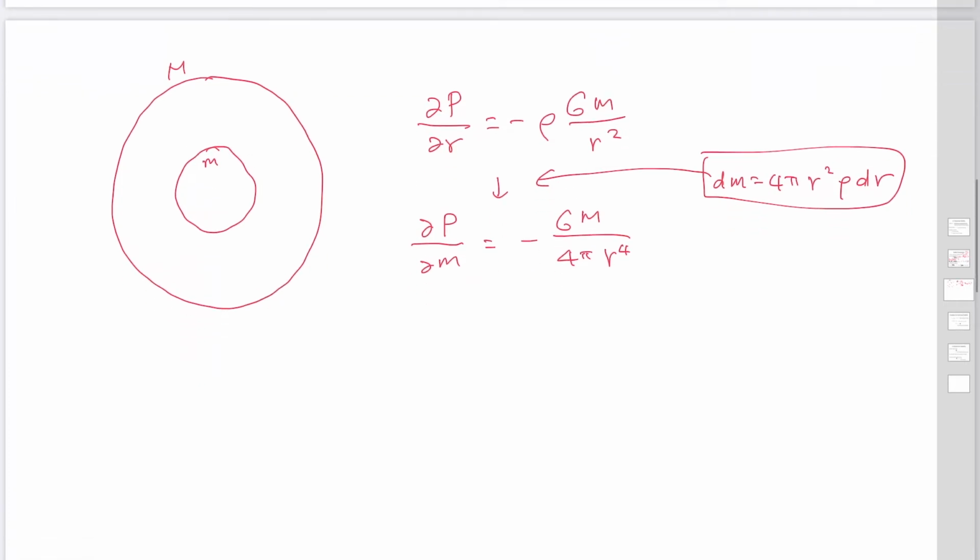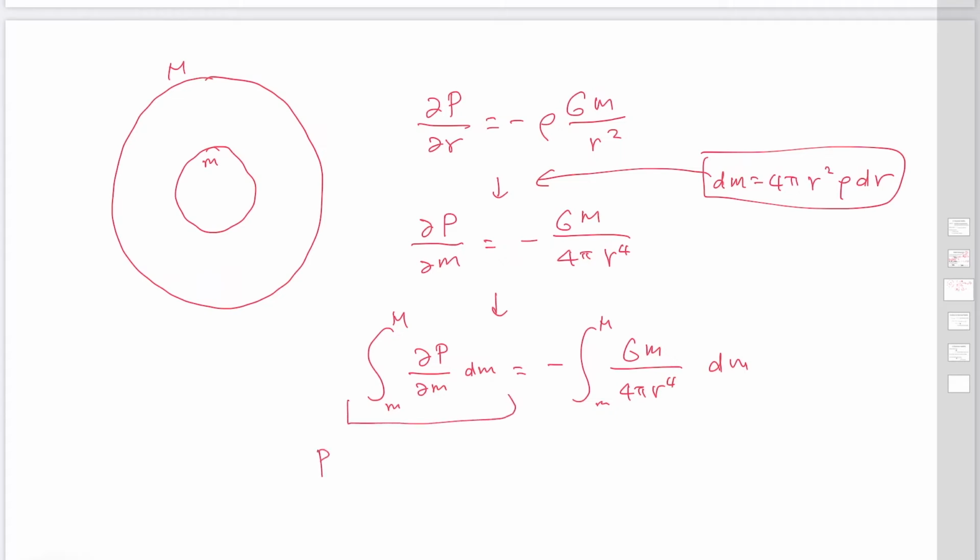Then we could integrate from m to the capital M, the total mass, of minus Gm over 4 pi r to the fourth dm. The left hand side, if you integrate, is P of M minus P of m.